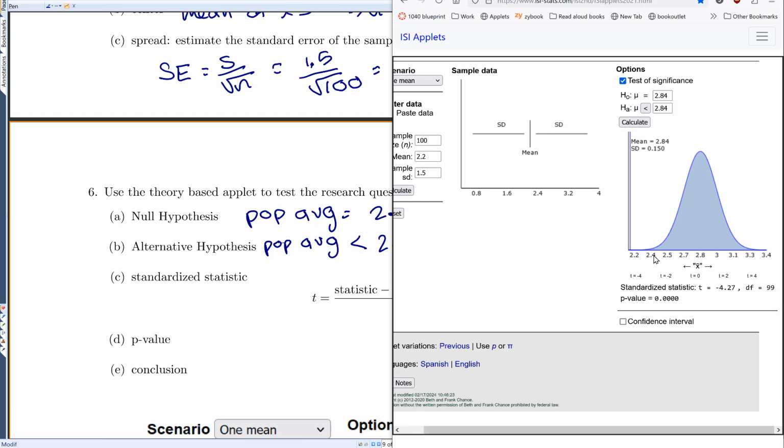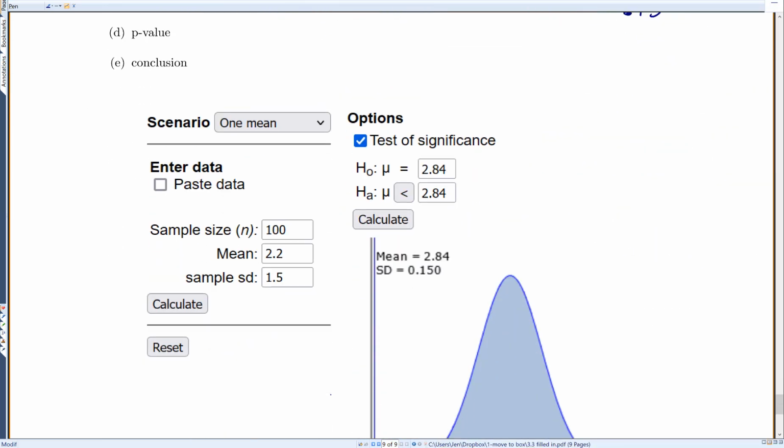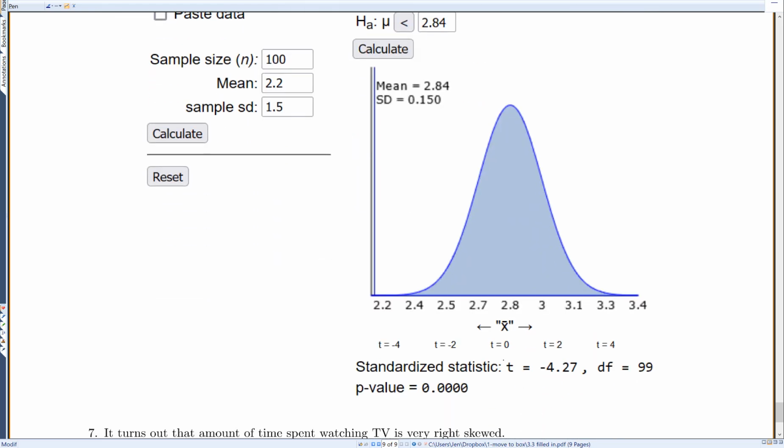And now it will show you the null distribution of all the different possible sample means. Here's the theoretical mean and SD. It will show you what your test statistic is and degrees of freedom and a p-value. But you can also see here, this is my standardized statistic. This is my p-value.